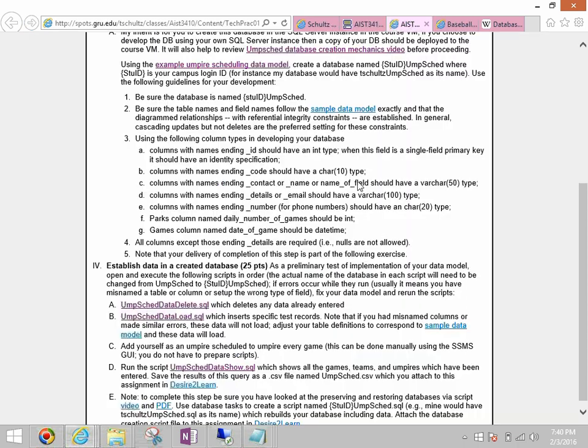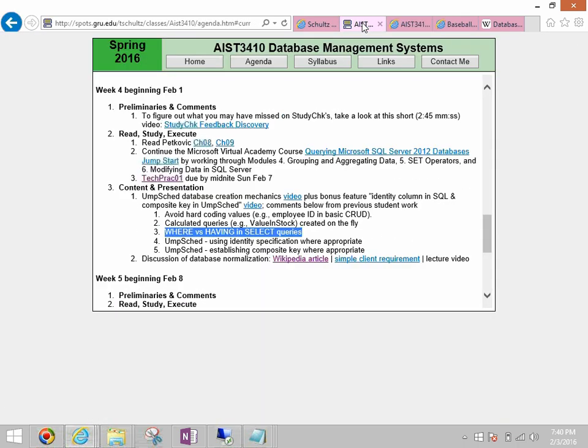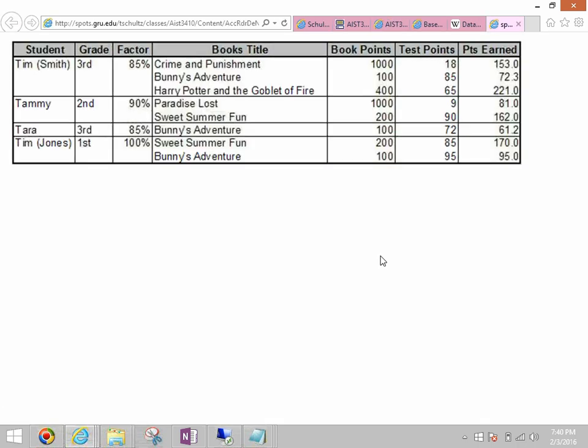If you remember way back in MINF 3650, those that had it, I introduced the idea of normal forms from a simple requirement of a teacher, maybe a middle school teacher, trying to keep track of accelerated reader results.